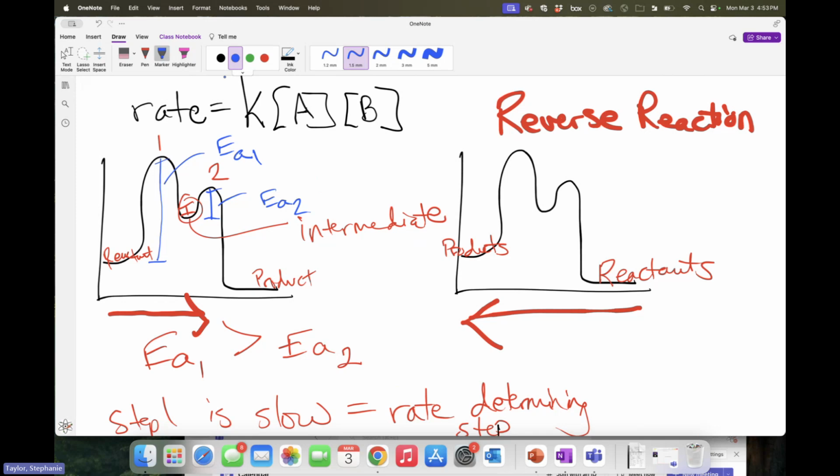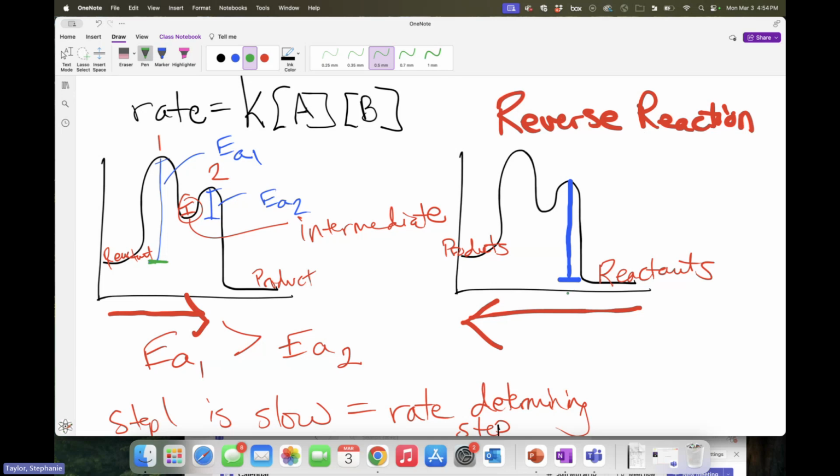Since I'm doing a reverse reaction, I need to think about my activation energy. I'm still starting from wherever my reactants are, and I'm going to wherever my transition state is. That's still true, but I'm reorienting where my products and reactants are. Now that my reactants are on the right, I still start with the reactants.